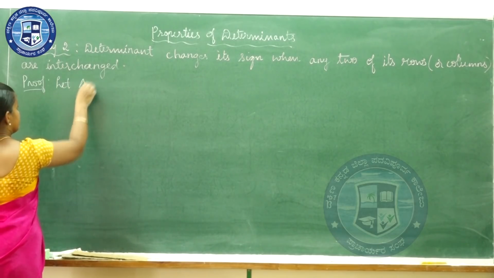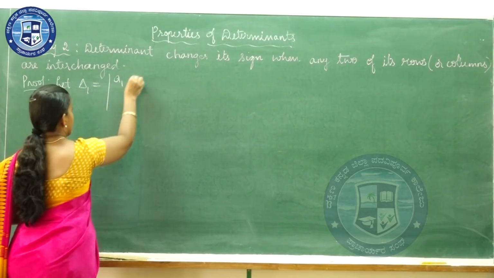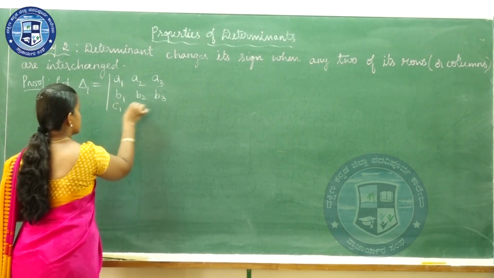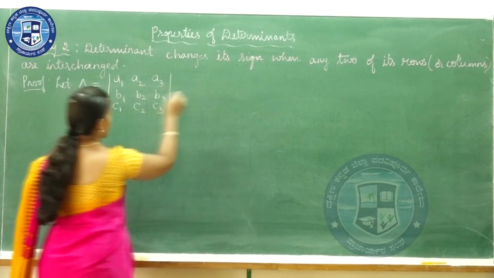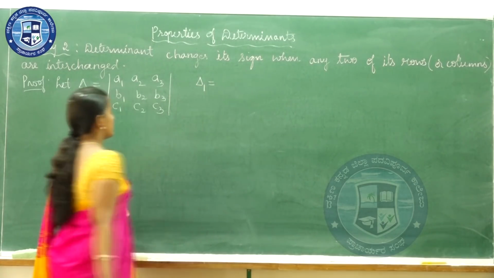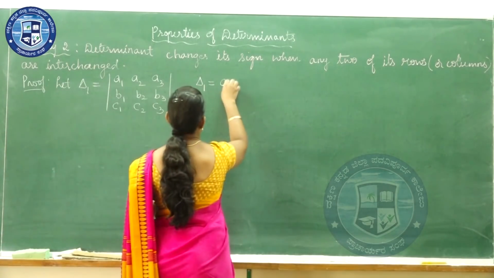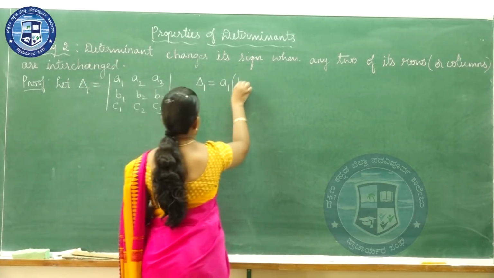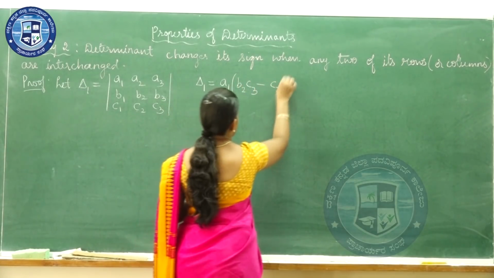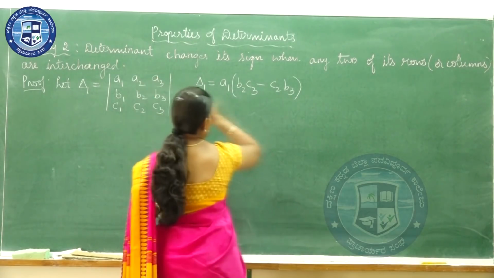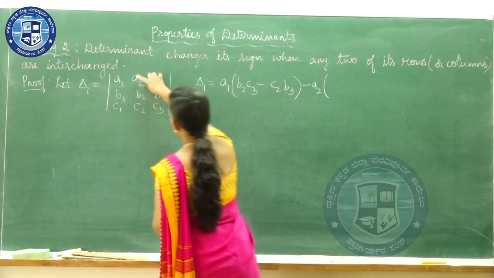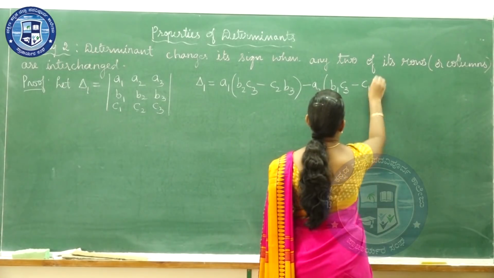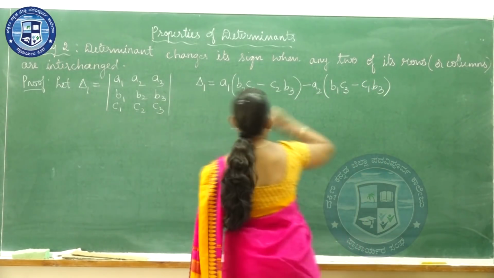Let delta 1 be the determinant A1, A2, A3, B1, B2, B3, C1, C2, C3. When you expand this, you will get delta 1 is equal to A1 into, same like before, B2 C3 minus C2 B3. Then you have to change the sign, that is minus A2 into, delete this, you will get B1 C3 minus C1 B3. Keep the sign as it is.